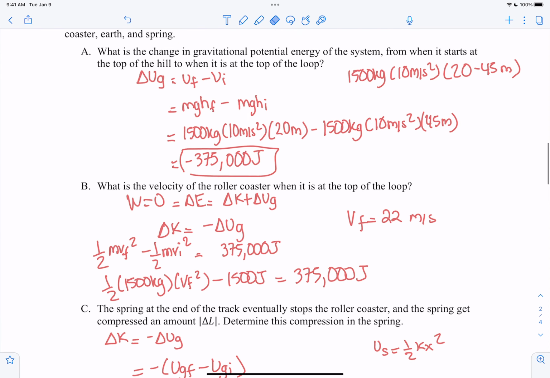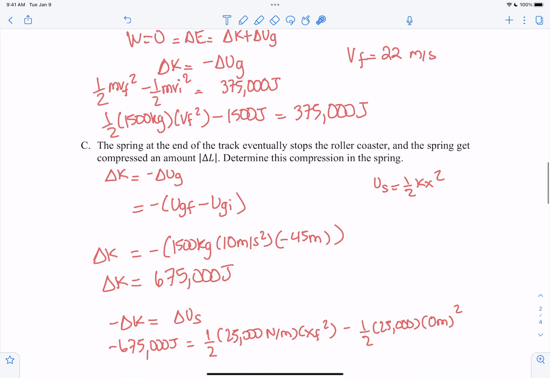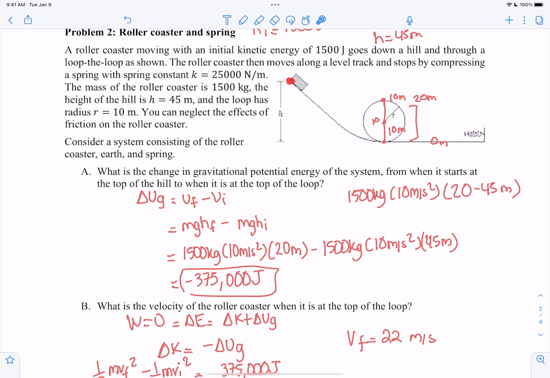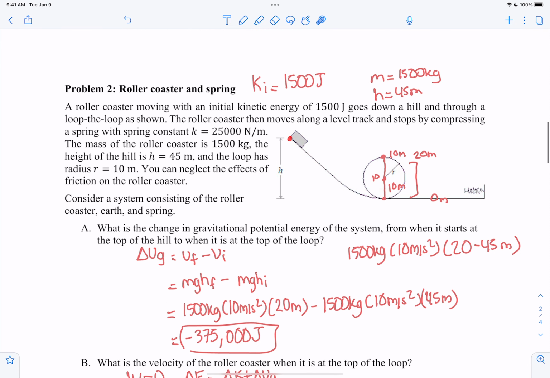We got 375 for part A. That was our change in gravitational potential energy, because we went from the top here, 45, to just 20. We're calculating now from 45 to 0.